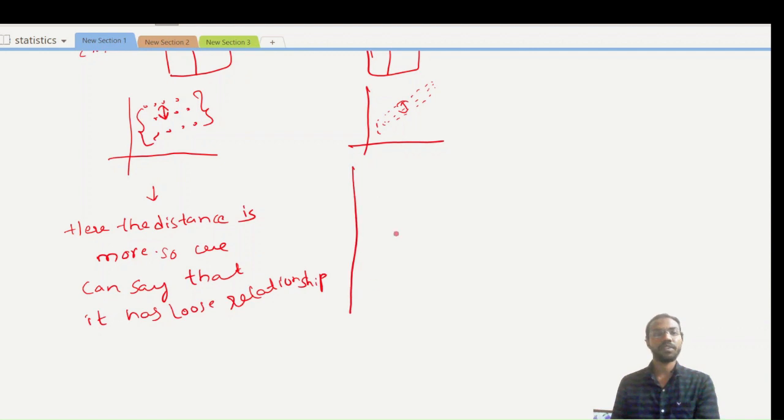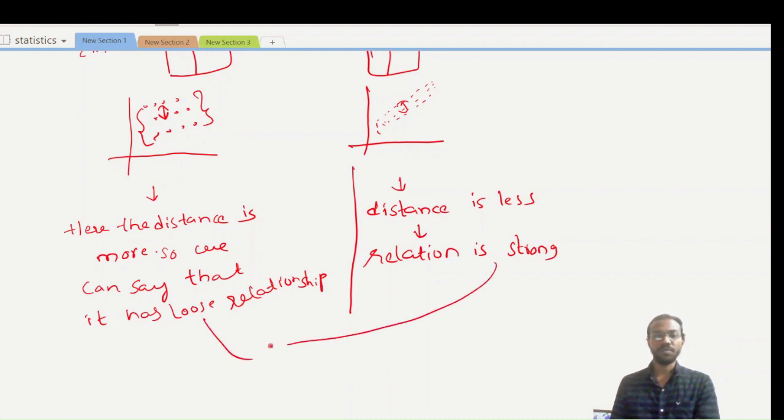In this plot the distance is less, and the relationship is strong. This loose or strong relationship is not captured by the covariance. It only considers sign values, and won't tell how much strength is in the relationship.